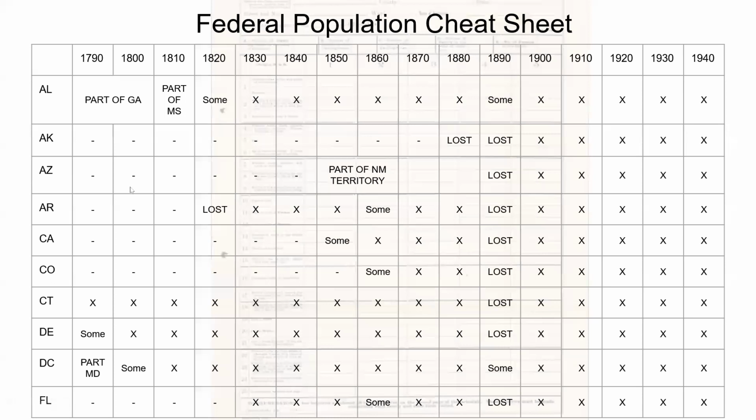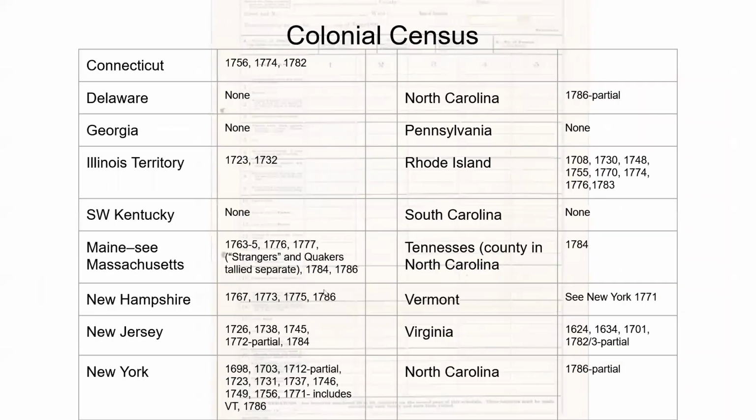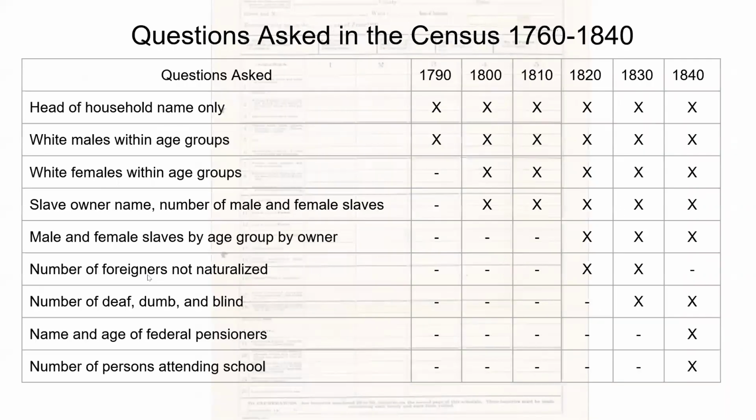Again, I try to do this for every state, but I'm not going to put it in the video here. The colonial censuses, I tried to put in when they were done, if they were done. Some places you had to see different states. Again, you guys can look through that on your own.